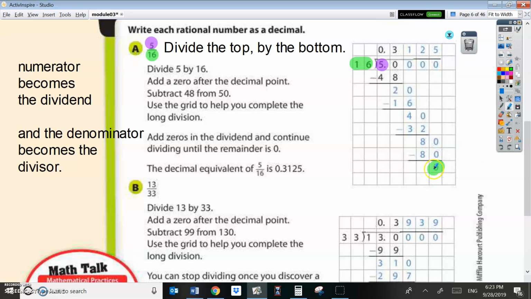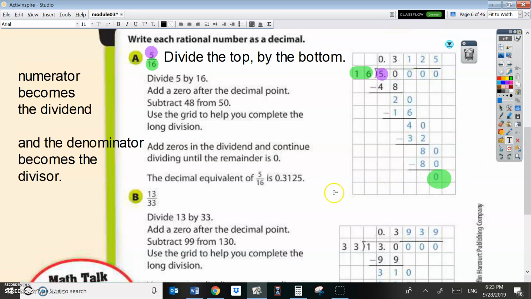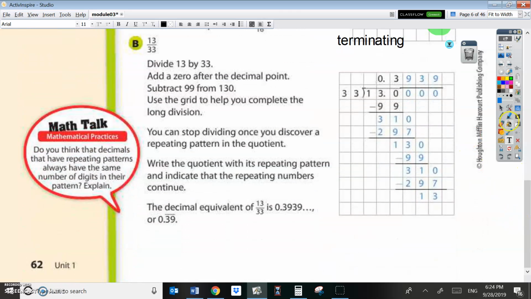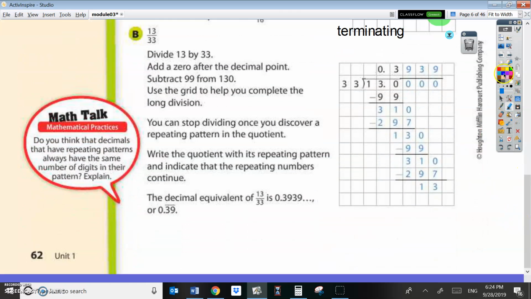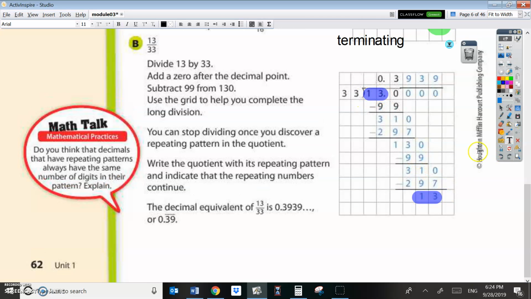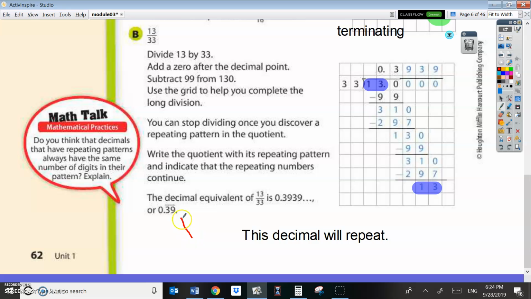When it equals 0 down here, that means it's terminating. This one here, though, continues. See how this number and this number are the same? It means the decimal repeats. The bar right here shows you that it repeats.